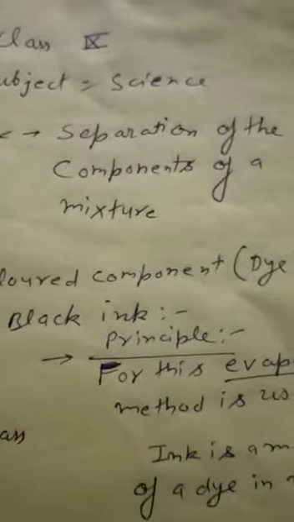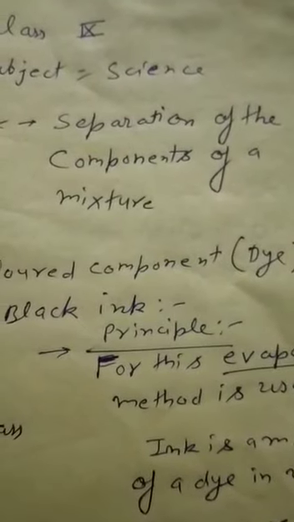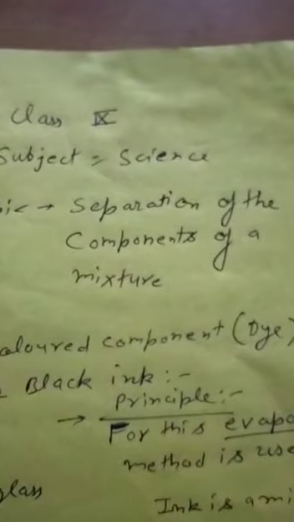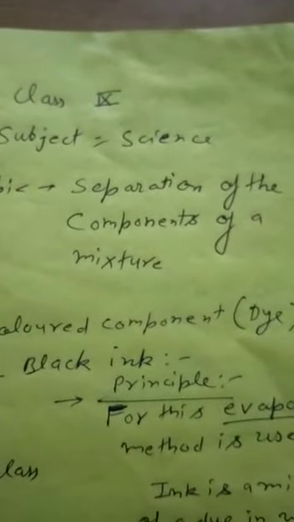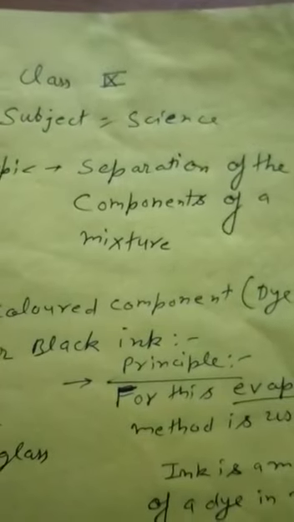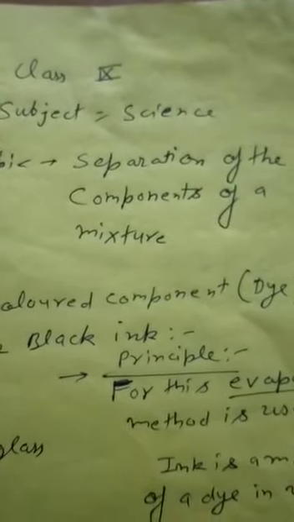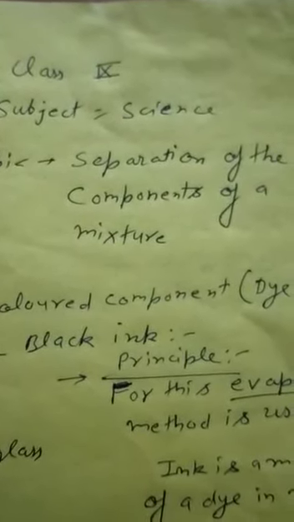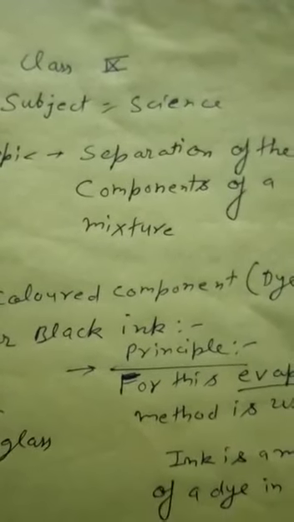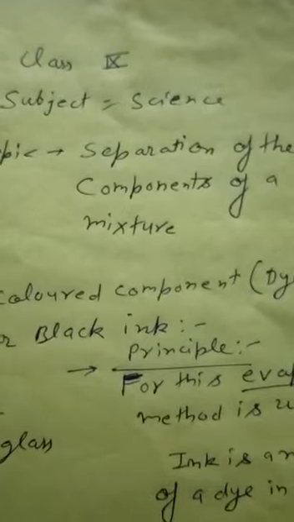Today our topic is separation of the components of a mixture. Students, we have already studied about impure compounds or impure substances. So basically around us we have impure substances or impure compounds.